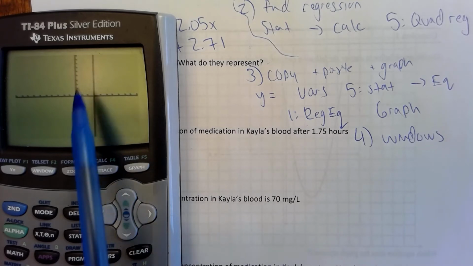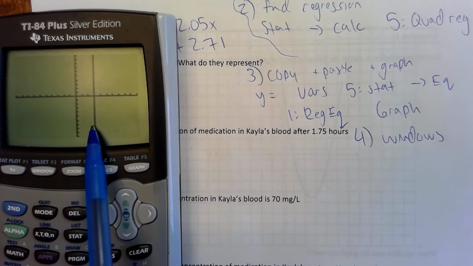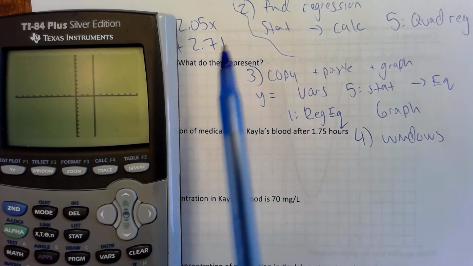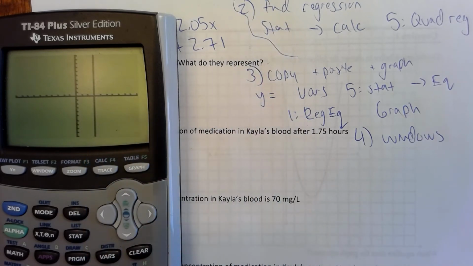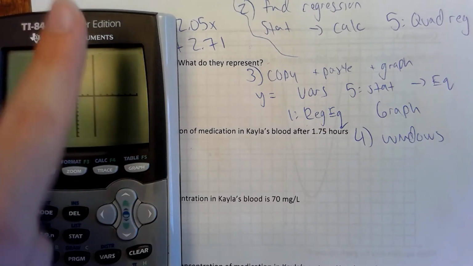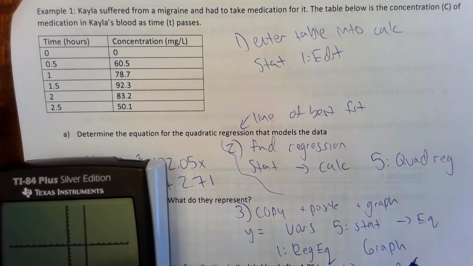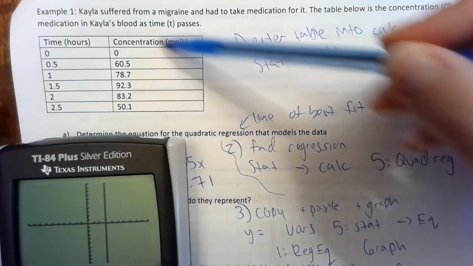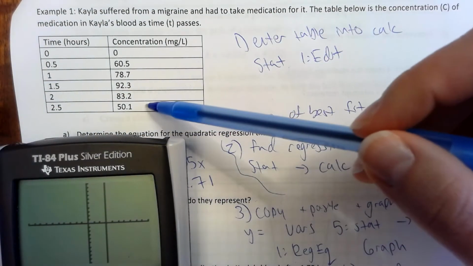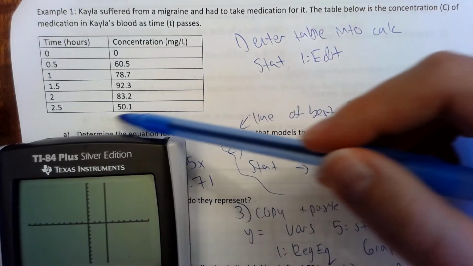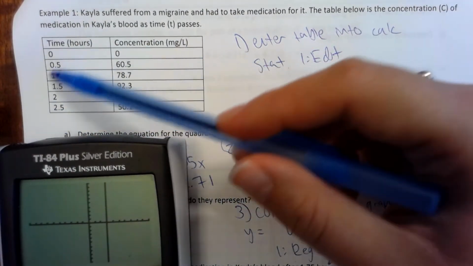Right now this looks like a very, very straight line, and it's supposed to be a quadratic, so I'm kind of surprised that it would be such a straight line. I would like to see more up, because I think that's kind of our values. And if I really think about it, here's all the values that I should be able to see. So I'm going to adjust my window settings so they look a little bit closer to the values in here.